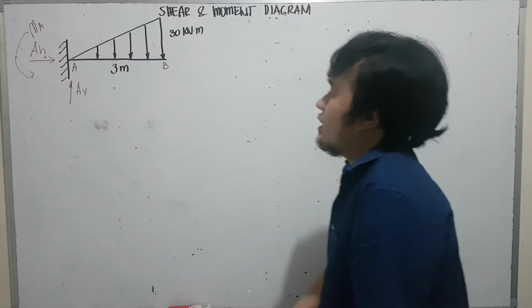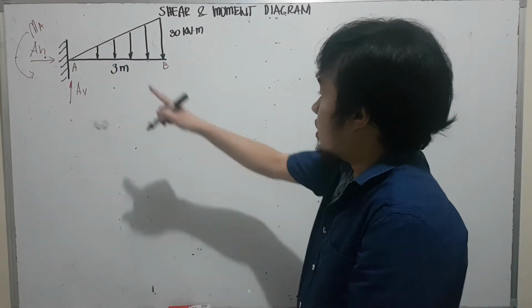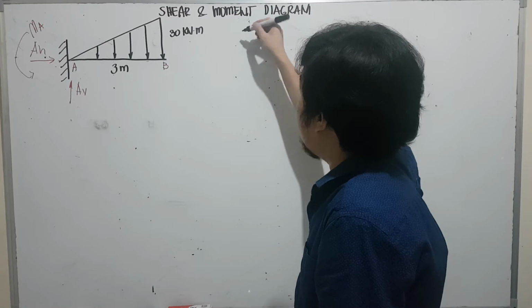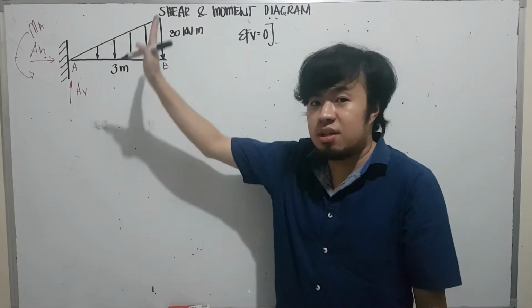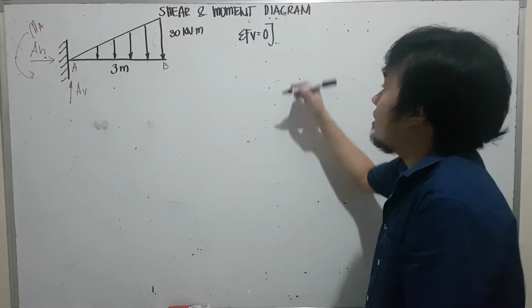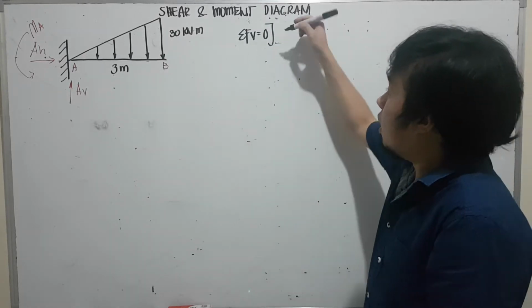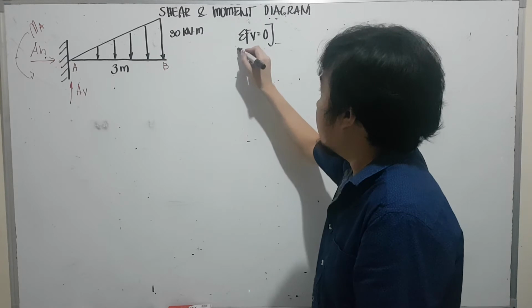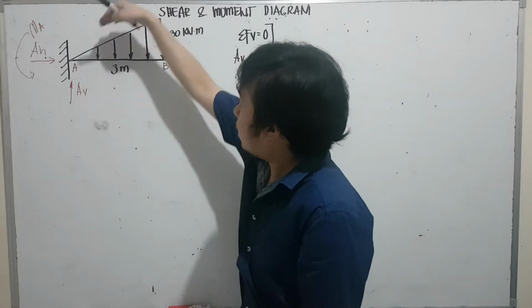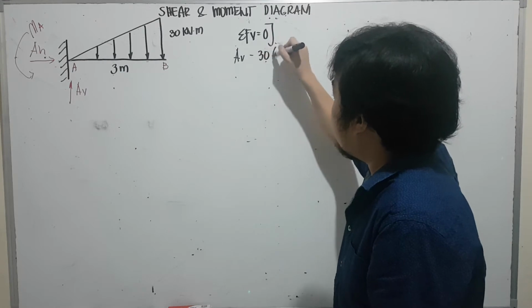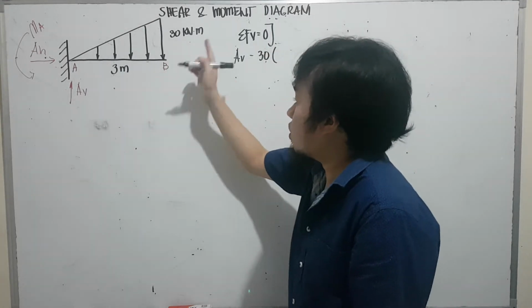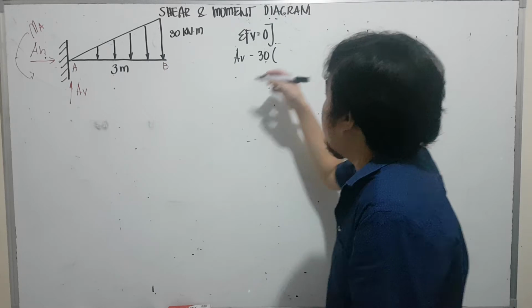Okay? So in doing so, let's start with our A vertical. Summation of forces vertical is equivalent to 0. All forces that are pointing upward should be positive. So we have here A vertical minus the uniformly varying load of 30 kilonewton per meter times the span of 3 meters.